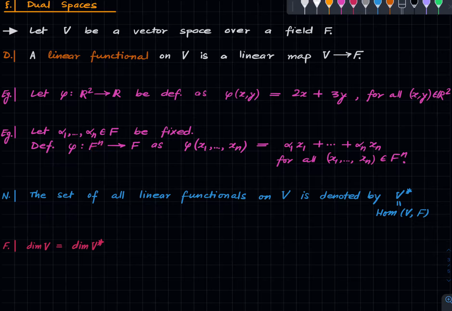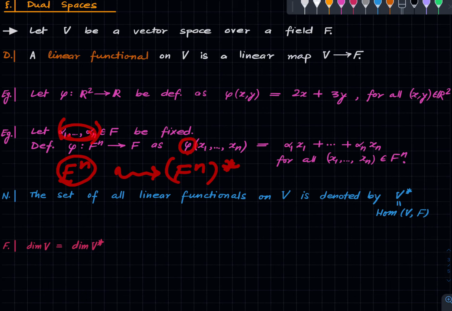For each choice of n things in the base field, you get a linear functional. Basically, just put them in a tuple: for each element of F to the n, you get an element of Fn star. Once you choose alpha 1 up to alpha n, you get a phi.